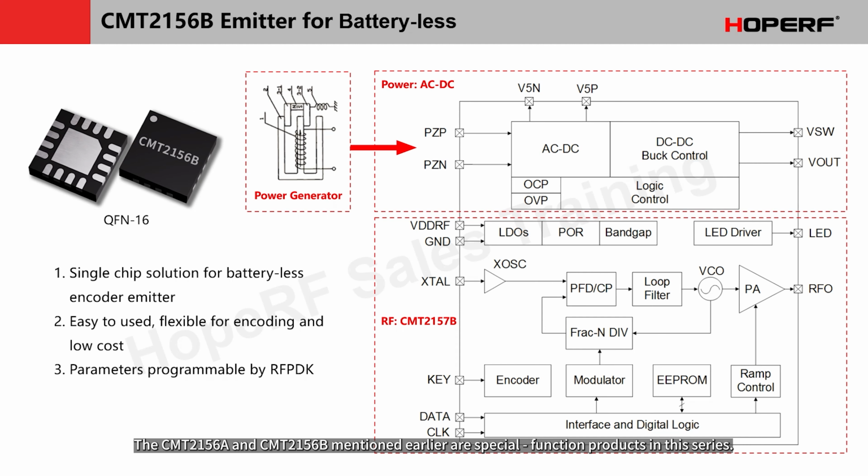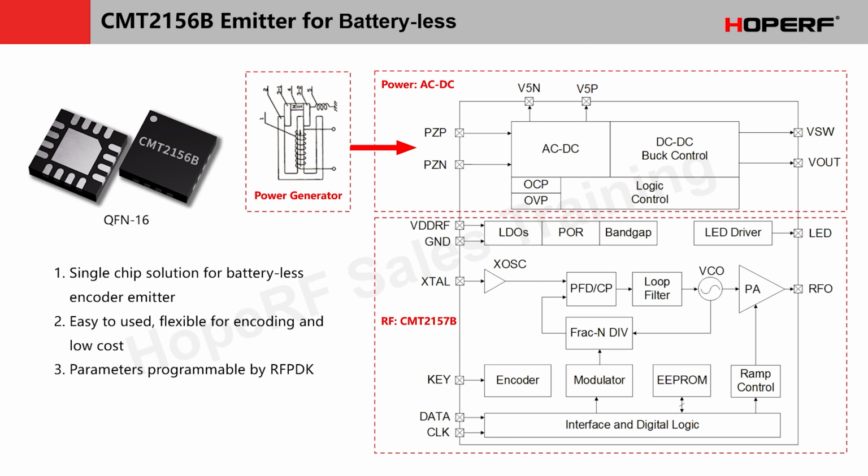The CMT2156A and CMT2156B mentioned earlier are special function products in this series. Their special feature is that they support kinetic energy powered transmission. So-called kinetic energy powered transmission is actually power generation by cutting magnetic field lines. You can think of it as the principle of a small generator.